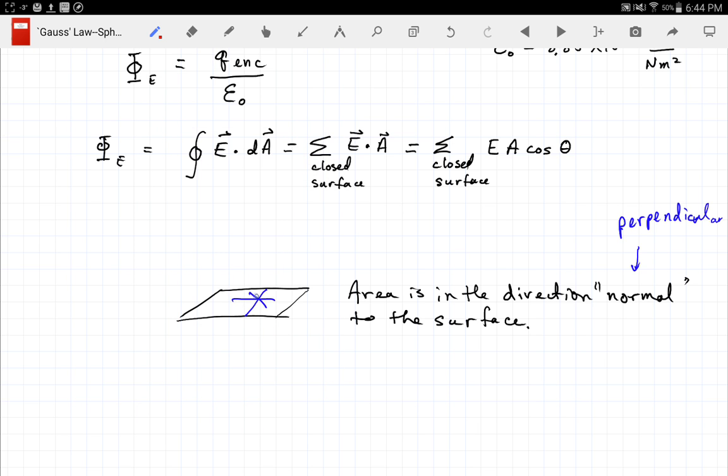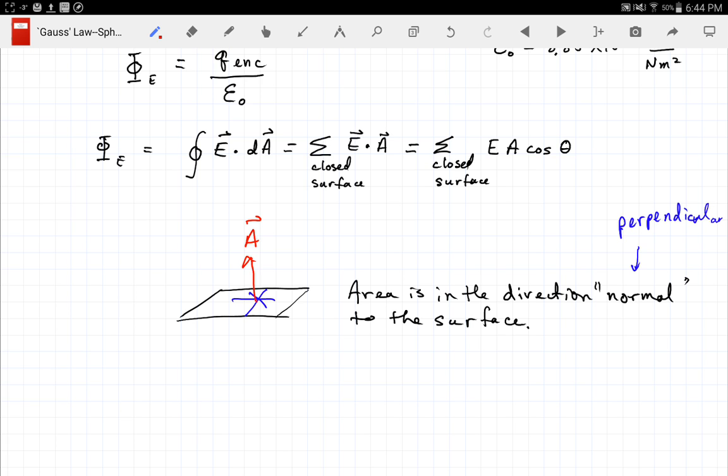That's the direction for the area of a surface. Or if you are looking at a flat piece of paper, it's coming directly out of that paper toward you, coming up out of the floor. That's the normal direction, just like we used with normal force.